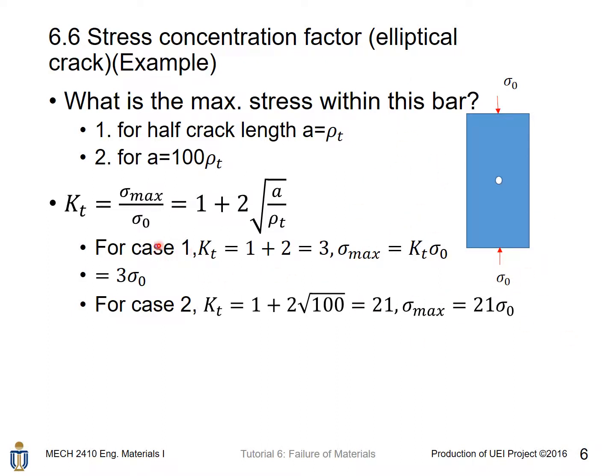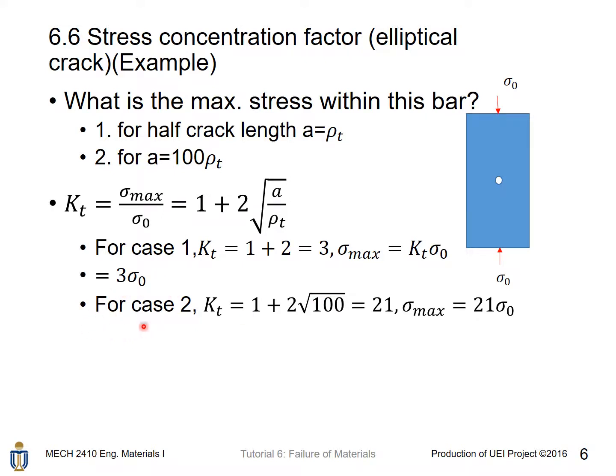For case 1, Kt is equal to 1 plus 2 times the square root of 1, which is 3, because a is equal to rho t. Therefore, the maximum stress within this bar is equal to Kt times the applied stress, which is 3 times the applied stress.